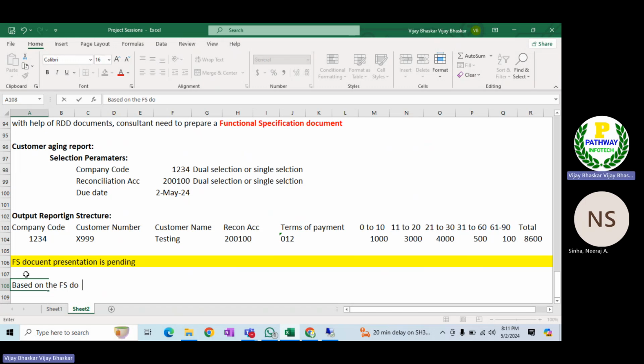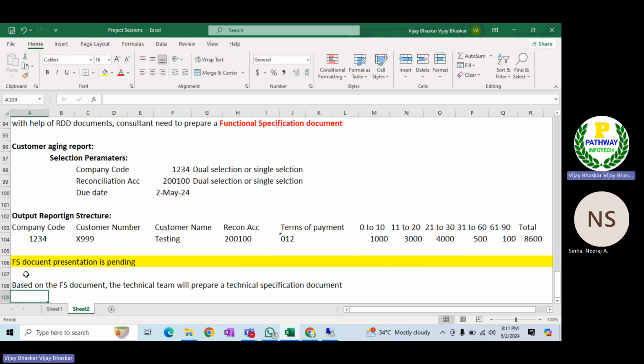Based on the functional specification document, the technical team will prepare a technical specification document. The technical specification document we don't bother about; our responsibility is only to prepare a functional specification document. How the functional specification document is to be prepared, we will see that. Up to now, whatever we have discussed, any queries so far?